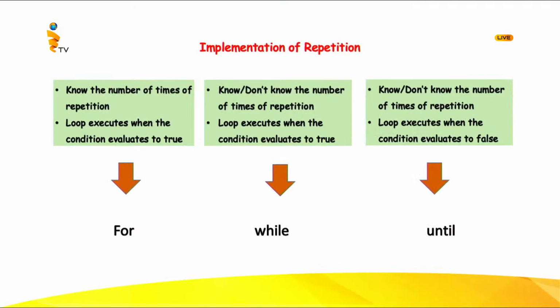Now when we implement the repetition structure, we can classify it into three ways. Look at the diagram. Sometimes we know the number of times we are going to repeat a thing. Think of an example. Sometimes the teacher asks you to write, "I will do homework," 25 times.